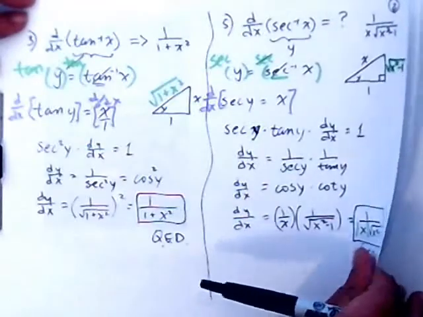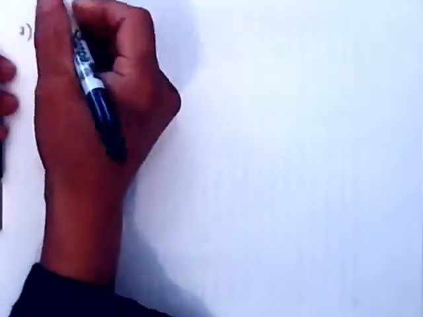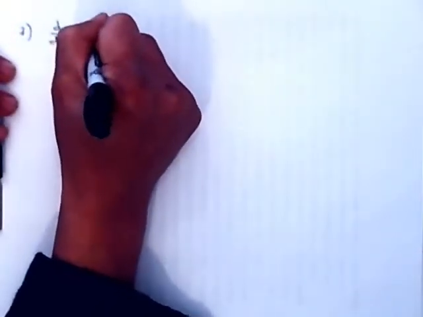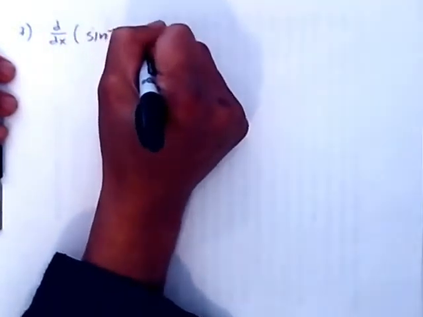The last question that we're going to be doing is problem number 7. The derivative with respect to x of the sine inverse of x over a.